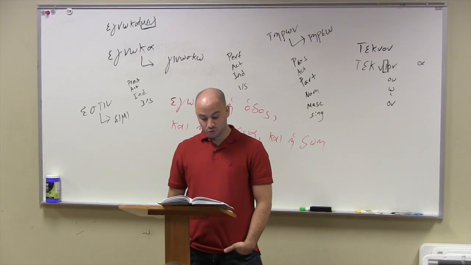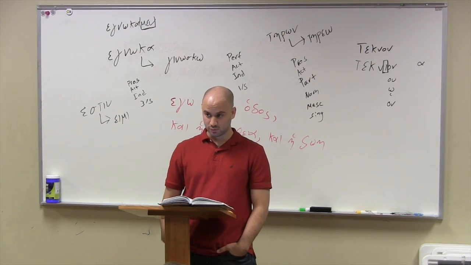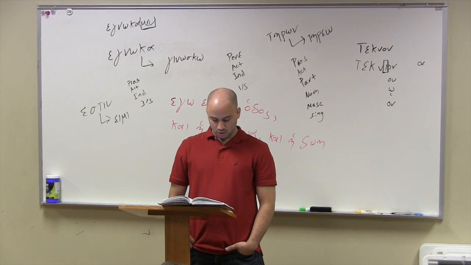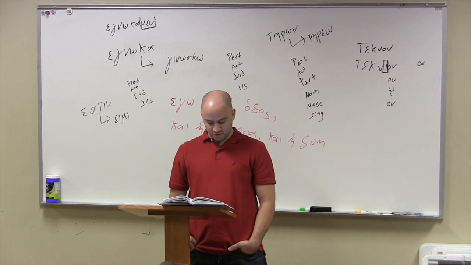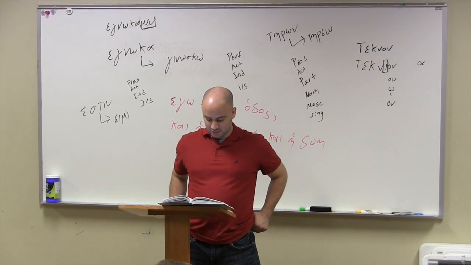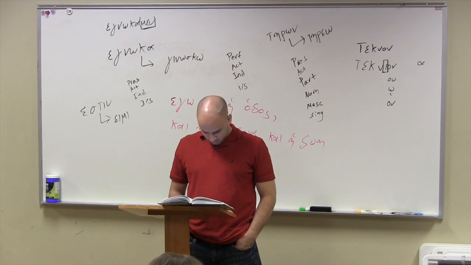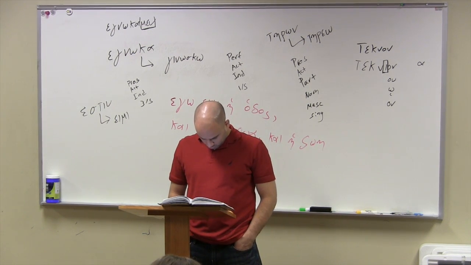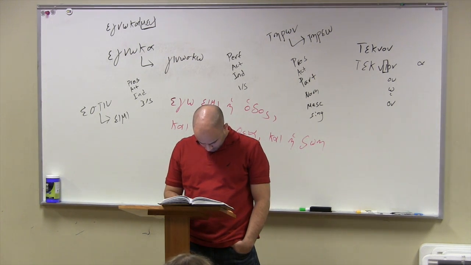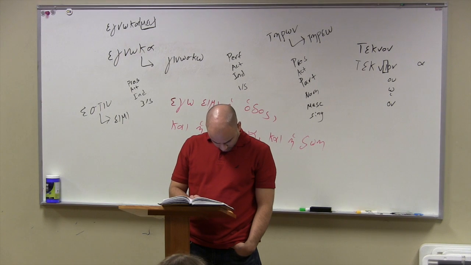And whoever keeps his word, that's the first part of that clause, whoever keeps his word, the love of God is truly in this one. And how do we get to that? In him truly the love is perfected.